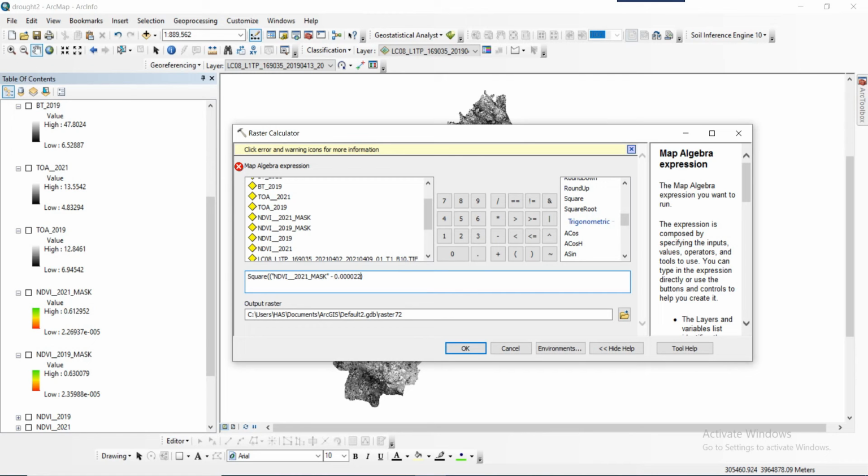So 1 2 3 4, okay, divided by NDVI maximum for 2021, which is 0.61, minus 0.000022.